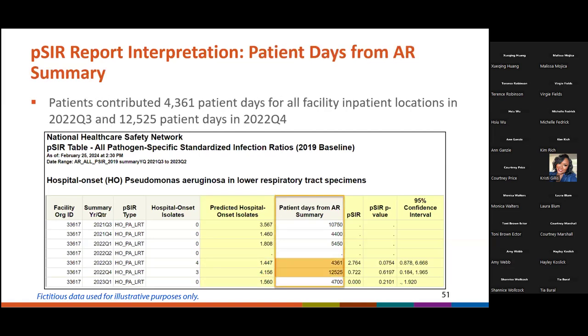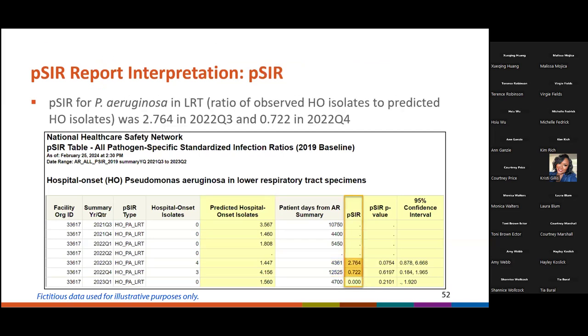Patients contributed 4,361 patient days for all facility inpatient locations in 2022 Q3 and 12,525 patient days in 2022 Q4. The pSIR, which again is the ratio of observed hospital onset isolates to predicted hospital onset isolates, was 2.764 in 2022 Q3 and 0.722 in 2022 Q4.